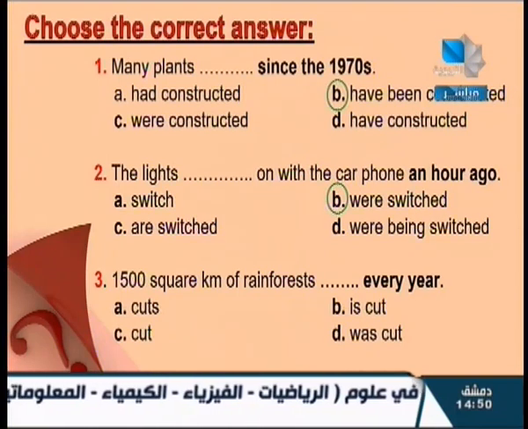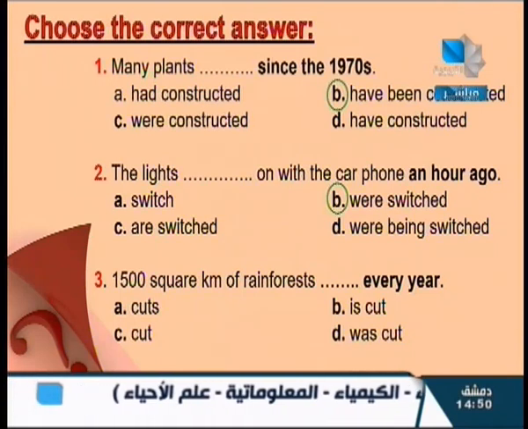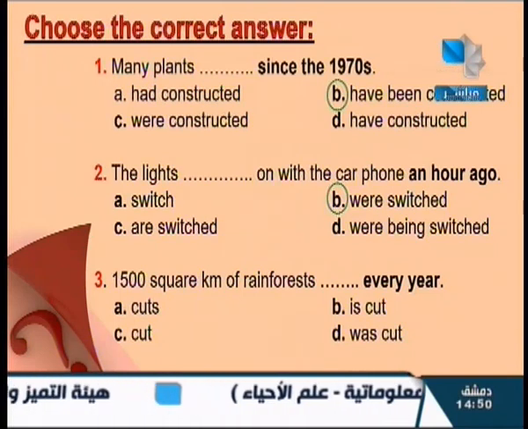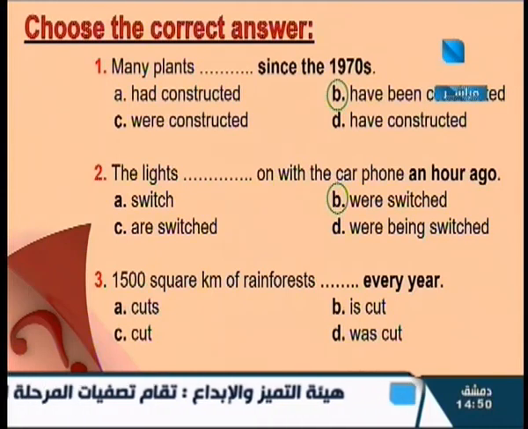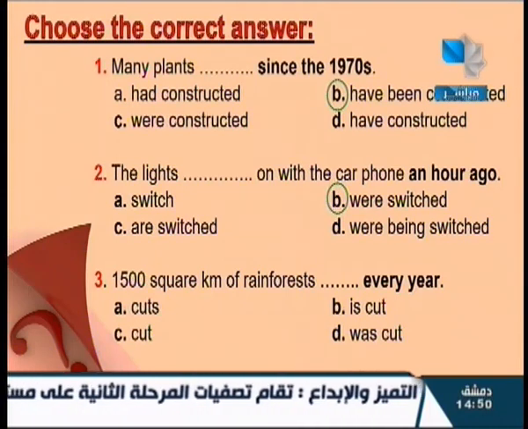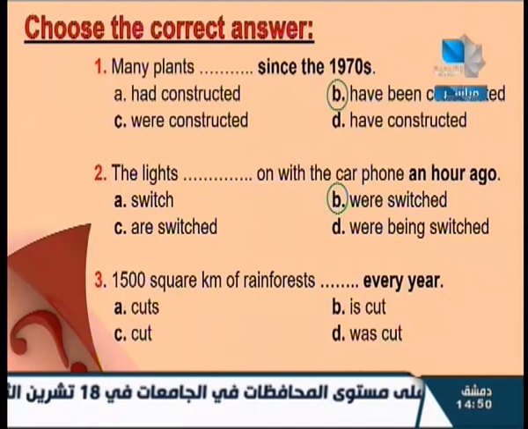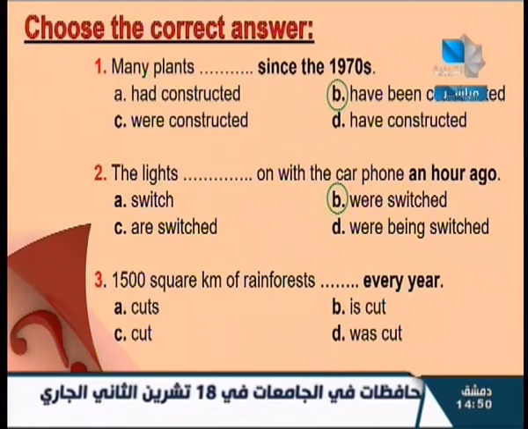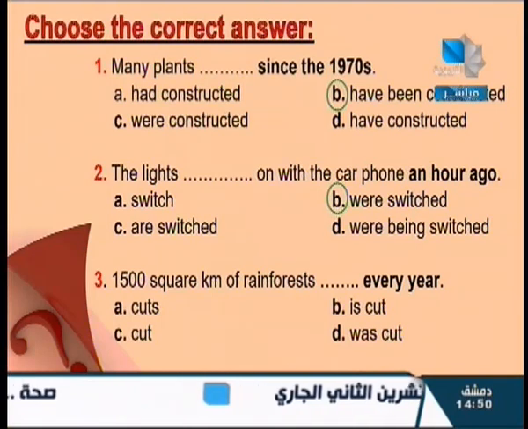Is cut every year, because every is used with the present simple. There is nothing in the sentence which refers to the past, though I think that we should omit the last choice, D, and change it to something else, because we can use every year with the past simple. But it's okay.